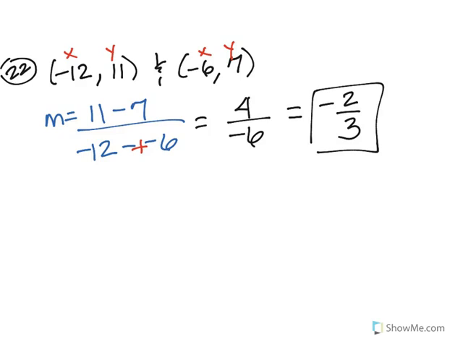Okay. The next part asks you to graph each equation. Also be able to give the x and y intercepts and the domain and the range. Okay, so on 23, 3x minus 4y equals 4. Let me pull up a graph.